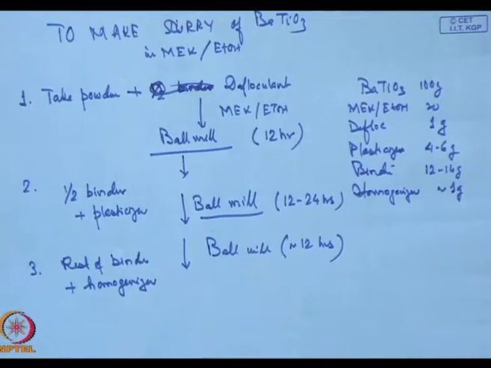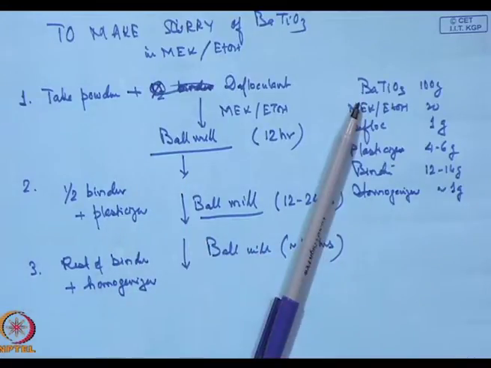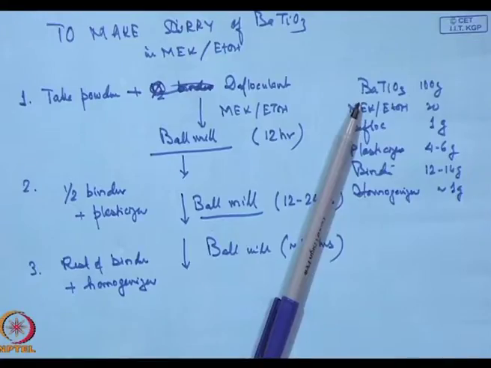Now, during this ball milling process, as I said, first the ball milling helps in breaking the hard agglomerates into soft agglomerates. The deflocculant helps the powder to get suspended properly, dispersed. The binder and the plasticizer are the binding agents.